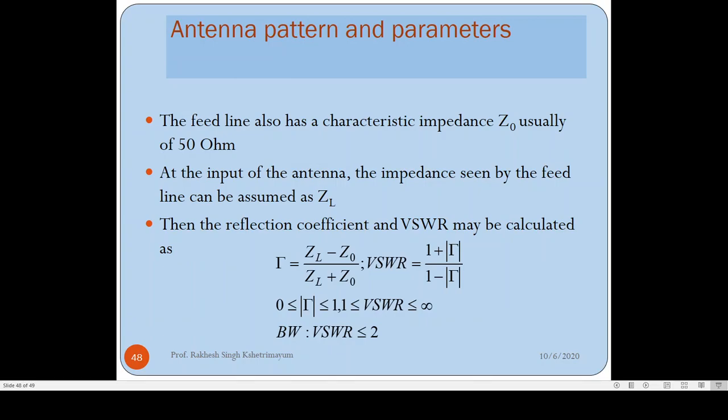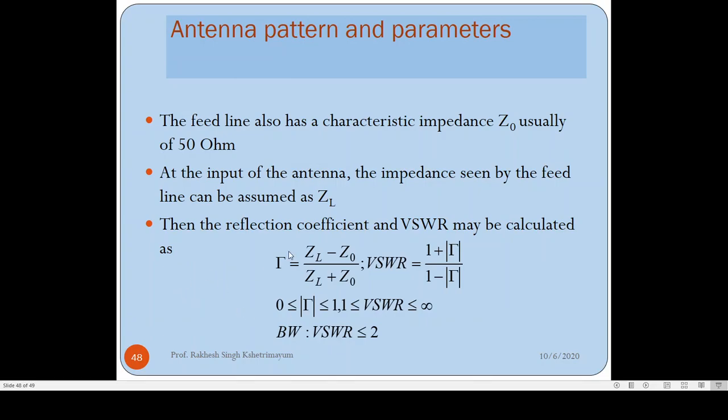Usually all the coaxial cables, all the waveguides, all the transmission lines are manufactured for 50 ohm. And at the end of the transmission line you connect the antenna. So antenna can be modeled as a load to the transmission line, and if you find out the impedance of the antenna, we'll call this ZL, the load of the transmission line.